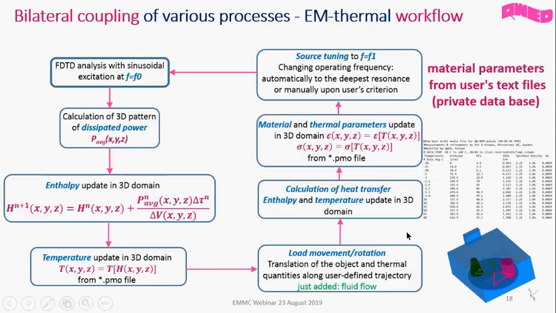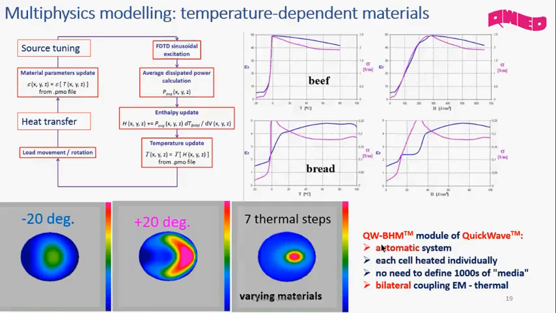Recently, we added fluid flow modeling. We take into account heat transfer, and when we have new temperature of materials, we update material parameters. When we update material parameters, of course, the previous electromagnetic solution is no longer correct, so we come back to the electromagnetic solution to find a new steady state. So this is the first coupled workflow which I'm showing here, and which has interfaces wherever you see arrows. These are actually interfaces where any additional models can be connected.